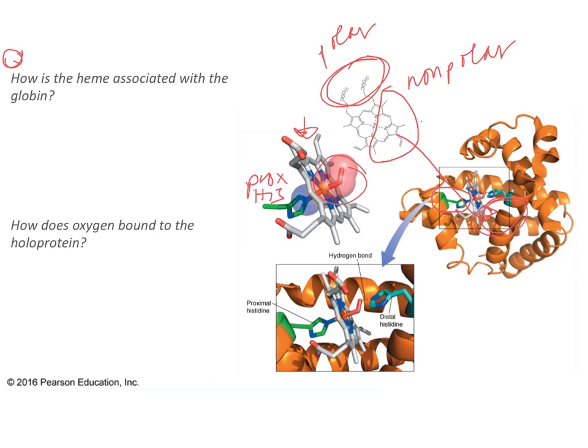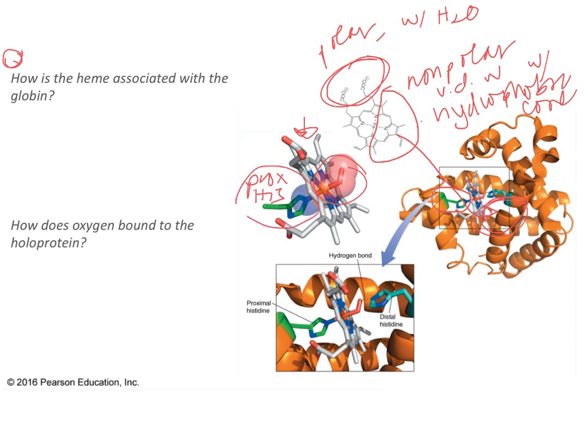So this nonpolar region of the heme forms van der Waals interactions with the hydrophobic core of the protein. The polar region makes favorable interactions with water. And then the proximal histidine forms a coordinate covalent bond.